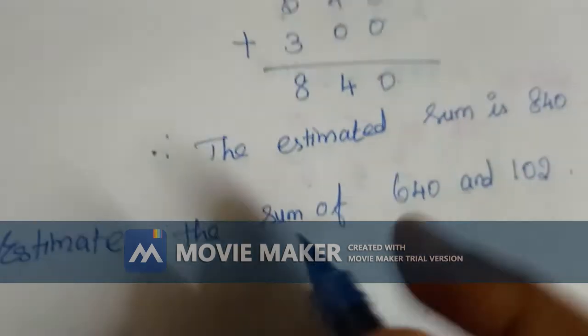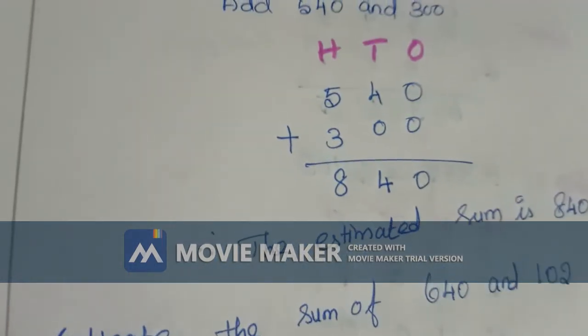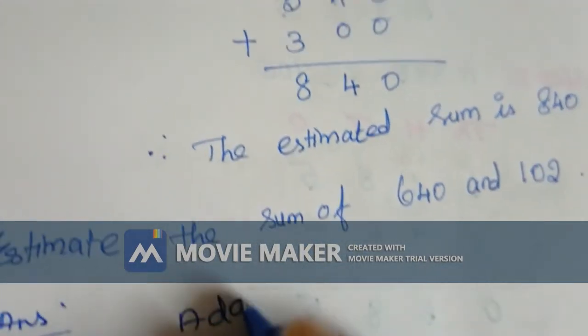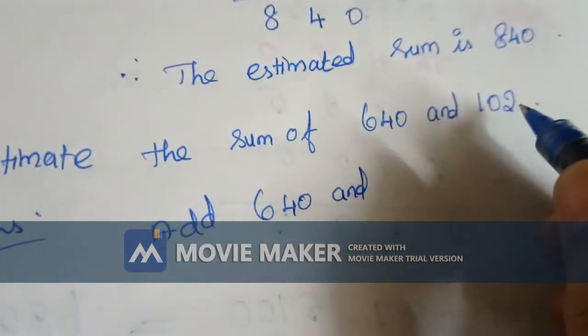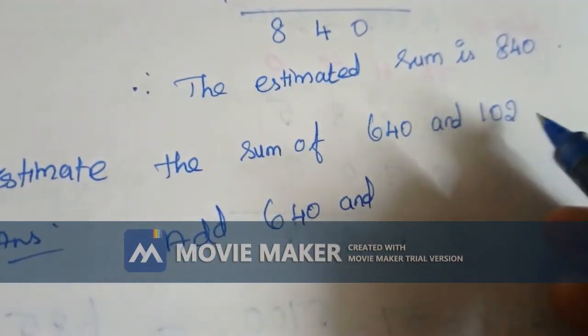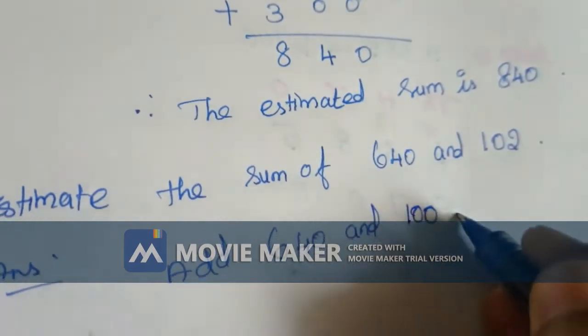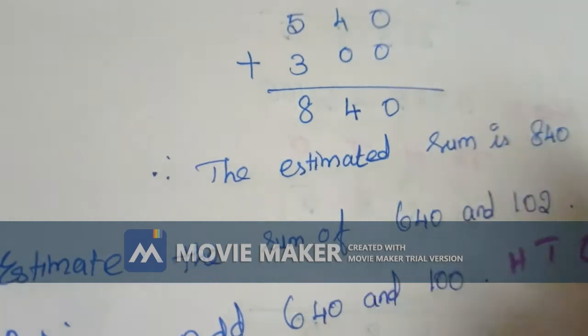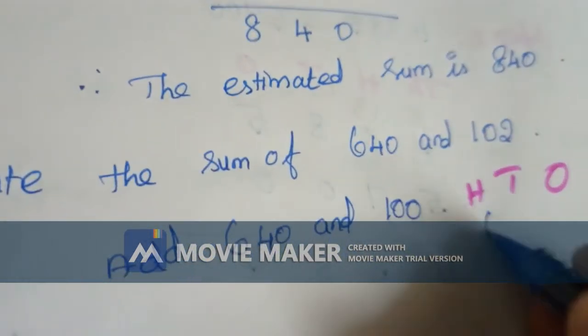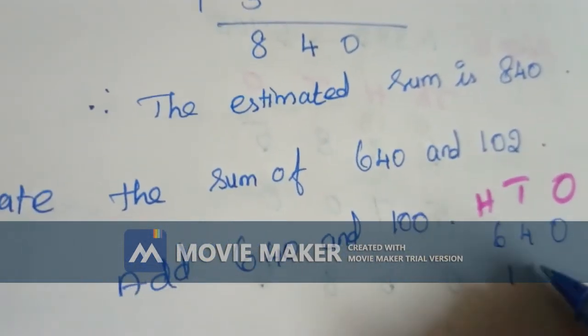So now write the answer: add 640 and the estimated value of 102, which is 100. Now you have to add these two numbers, 640 and 100.